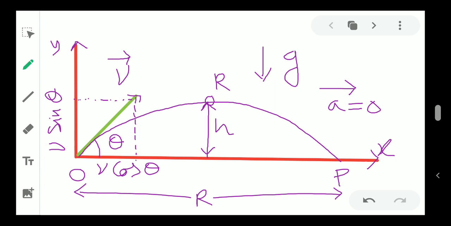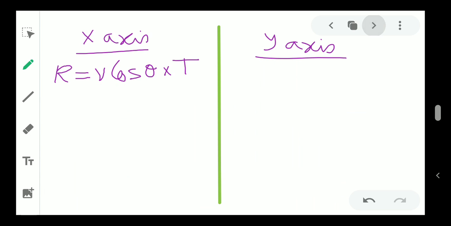That means at that point R, all the vertical velocity component is exhausted because of the deceleration. So my final velocity is 0. Instead of v equal to u minus gt, I can write the final velocity v equal to 0.